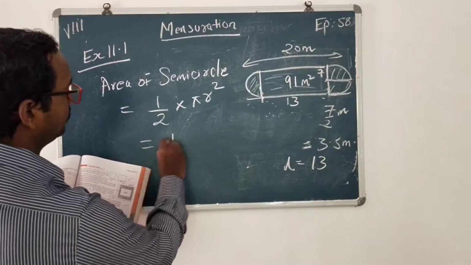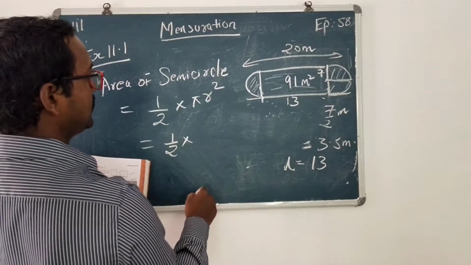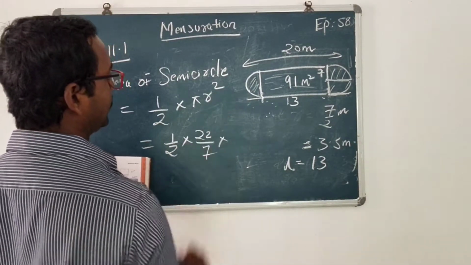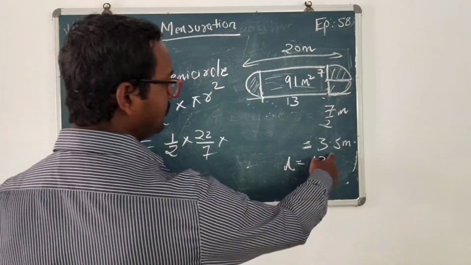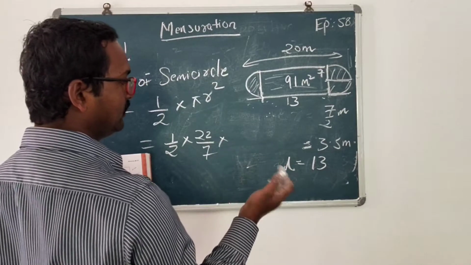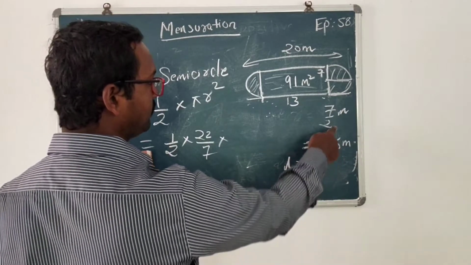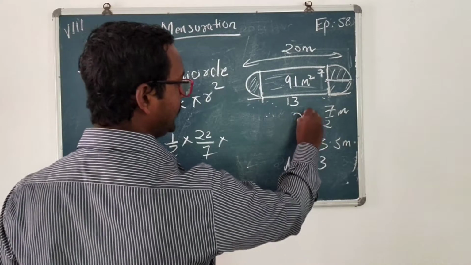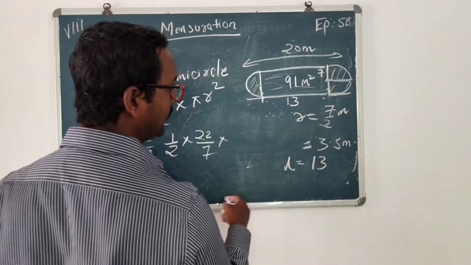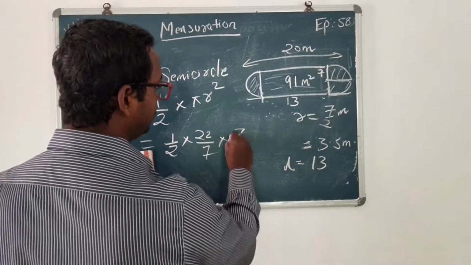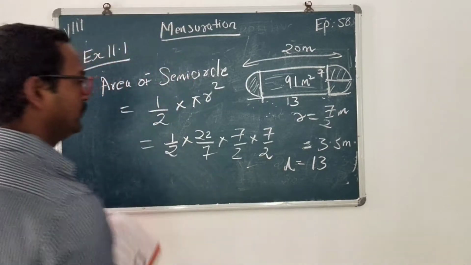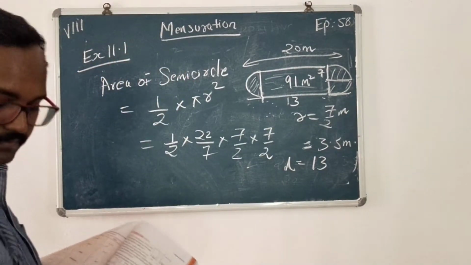So half into pi is 22 by 7 into radius square. Radius is 3.5. But to make it easier to calculate, instead of 3.5 I am going to keep it as 7 by 2. 3.5 is actually half of 7. So 7 by 2 into 7 by 2.